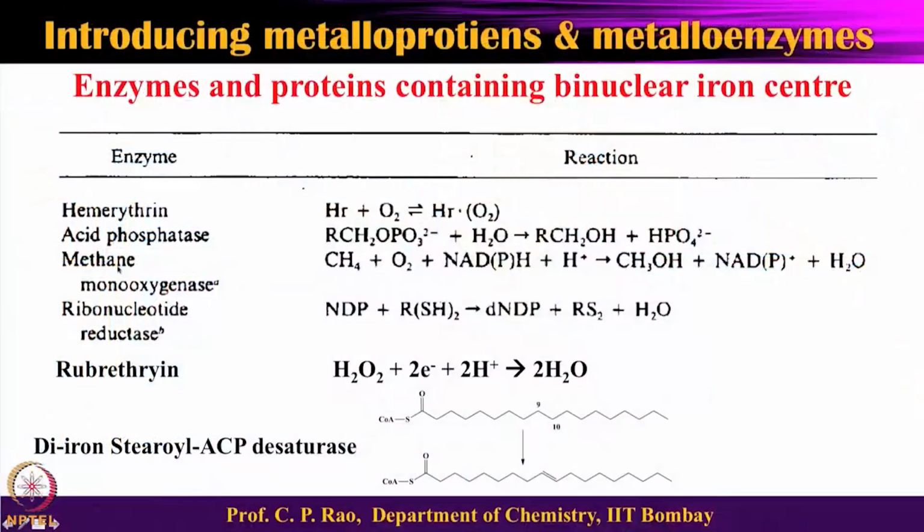Then we are also familiar recently with the methane monooxygenase, again a di-iron containing enzyme, which converts methane into methanol, of course plus water, because in monooxygenase you use only one oxygen for oxidation and the second oxygen goes as water. Now, let us look at something newer. One of them is ribonucleotide reductase. So, it is a reductase family and it does some reduction.